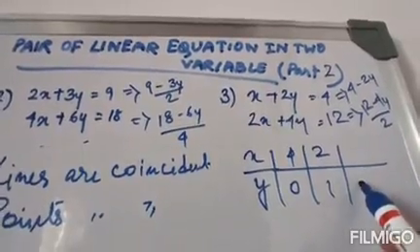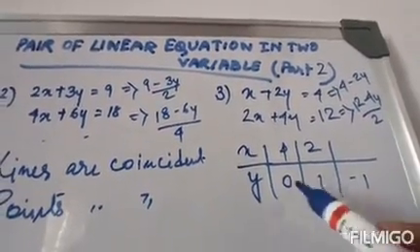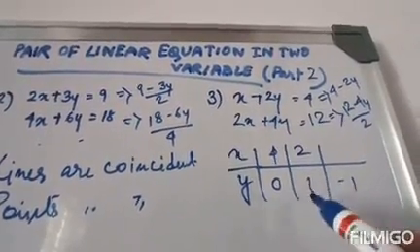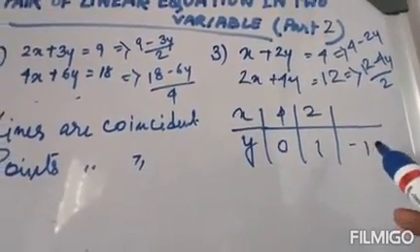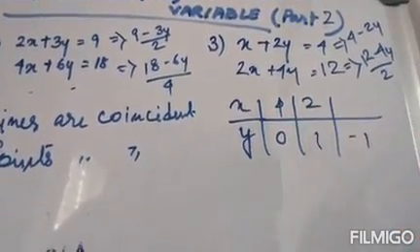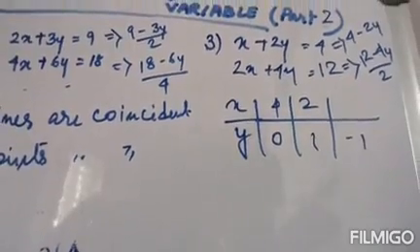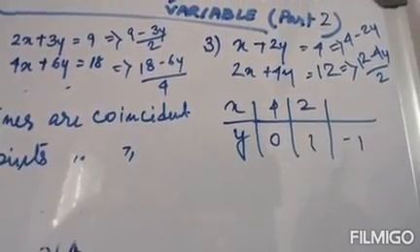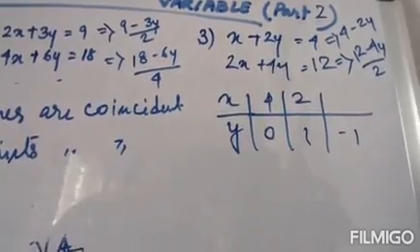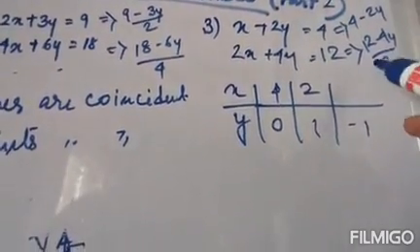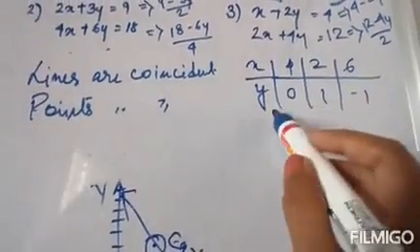When y is minus 1, x will be 6. You can take any values. I am taking 0, 1, minus 1, but that doesn't mean you always have to take these. Okay, so this is for the first one.